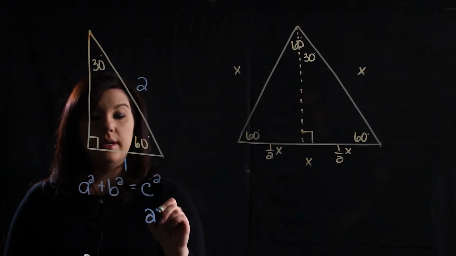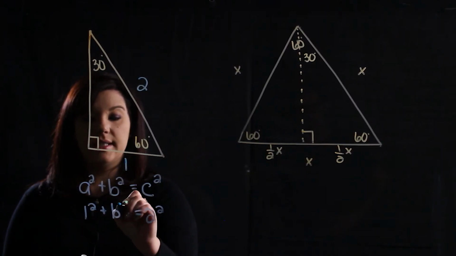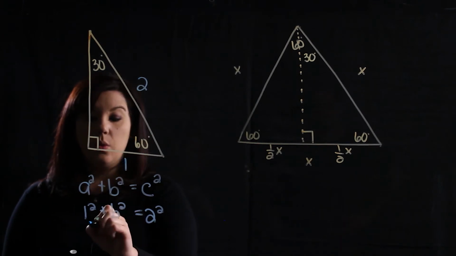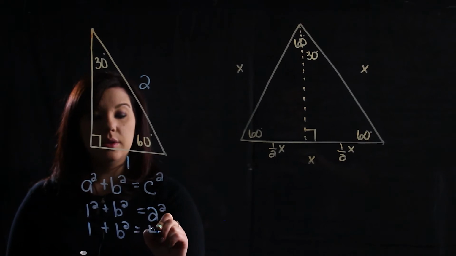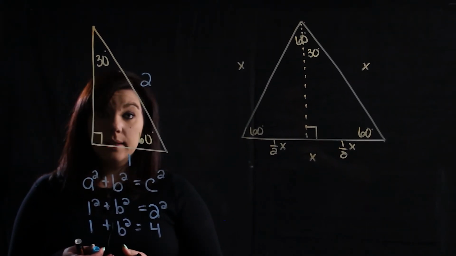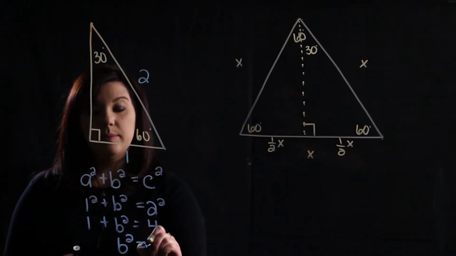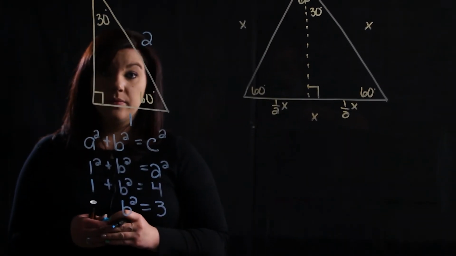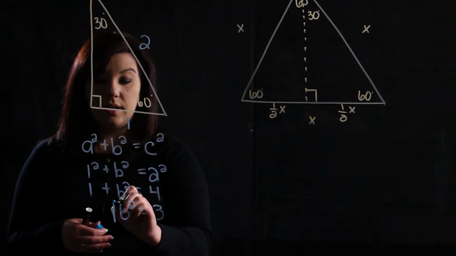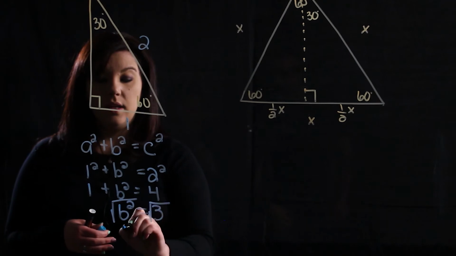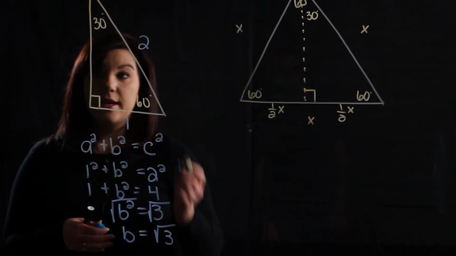So we have 2 squared here, 1 squared here, and we're looking for that second leg of the triangle. 1 squared gives us 1, plus b squared is equal to 4. We want to get the b alone, so I'm going to subtract the 1 over. That gives me b squared is equal to 3. Again, we want to know about b, not b squared, so I'm going to take the square root of both sides, and that gives me that b is equal to the square root of 3.